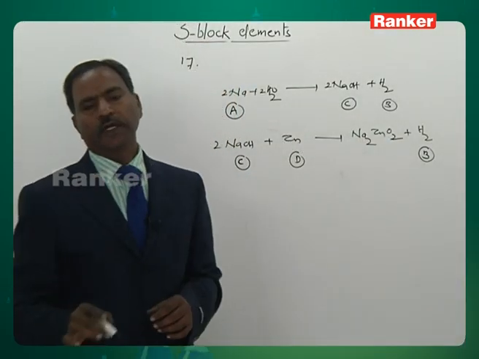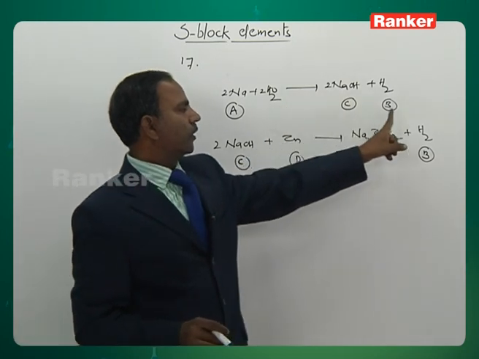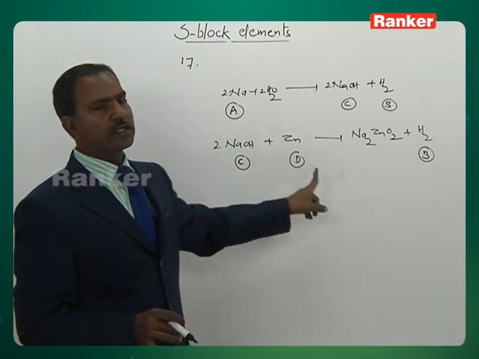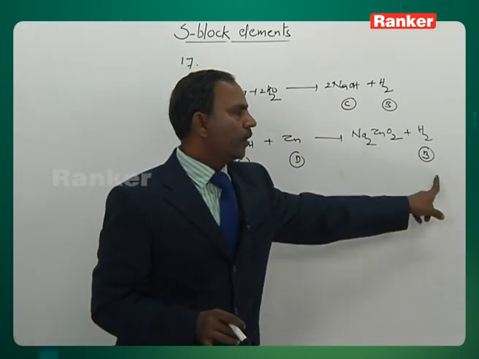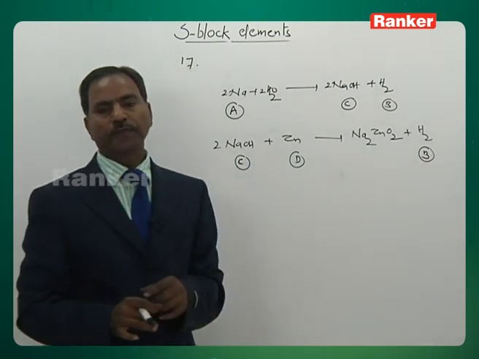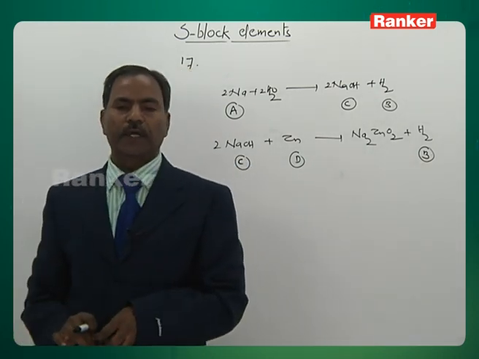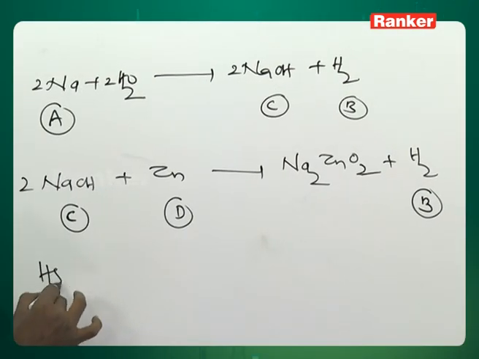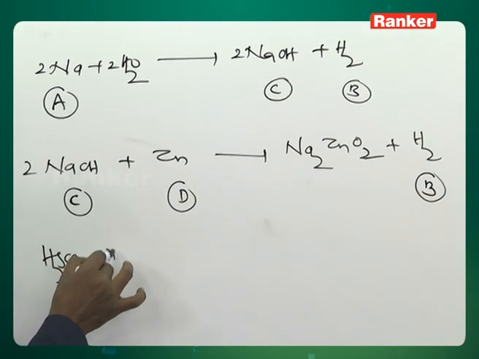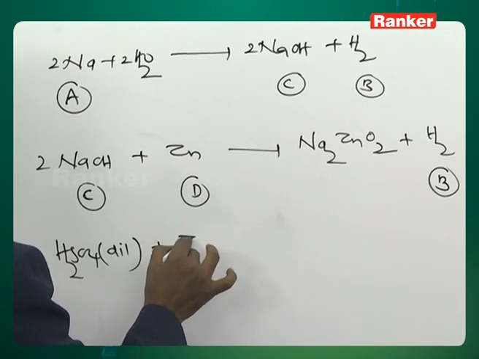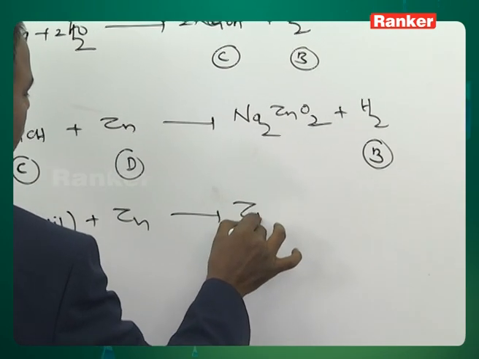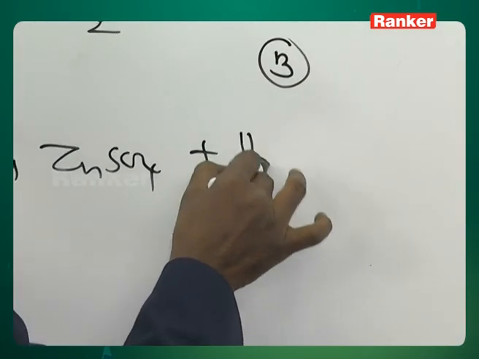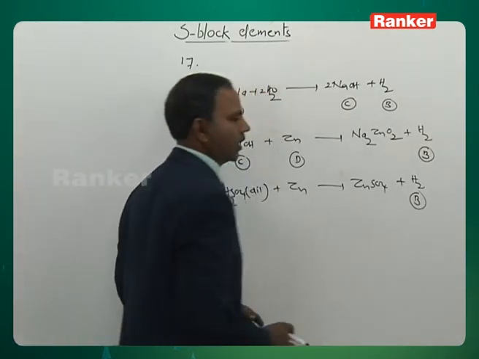When a substance A reacts with water, producing combustible gas B and solution C, this solution C on reaction with another substance D gives the same combustible gas B. Even on reaction with dilute sulfuric acid at room temperature, this same zinc gives zinc sulfate, and again you are getting the same H2, which is combustible gas.